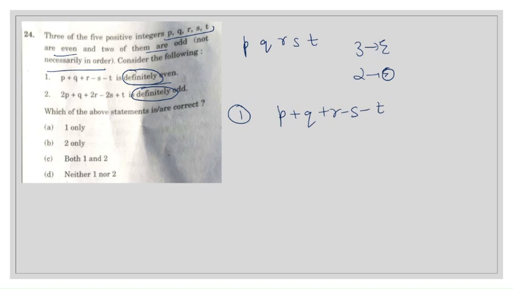But if it says definitely, we need to be 100% sure that in every case, whatever happens, the result of this statement will always be odd or always be even respectively. If it says definitely or uses other words like should always be, we must understand what exactly they are trying to say. So accordingly we need to select our examples, how many examples to take and what we need to prove, that we must focus upon in these type of statements and questions.